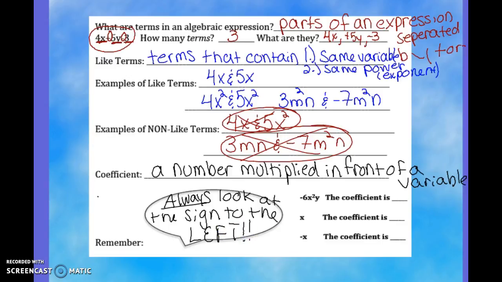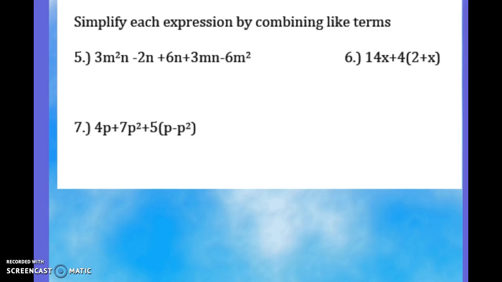So for example, in negative 6x squared y, the coefficient's negative 6. In x, there's an invisible number there. It's actually a 1. Negative x is another invisible number, and I always write it like this: negative 1 times x, so your coefficient is in fact negative 1. Let's do some examples.